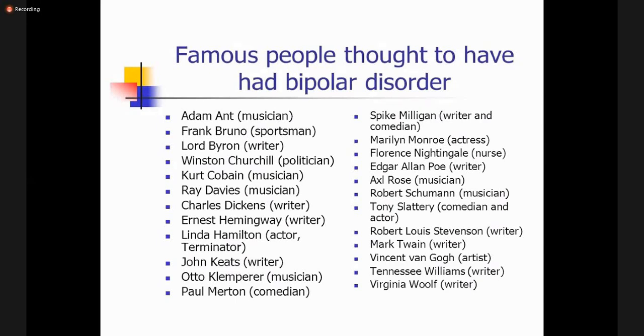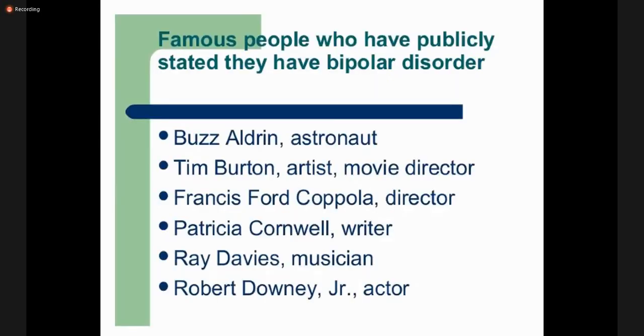If you look here, Vincent van Gogh, the artist, he had schizophrenia. You can see that most of them who have bipolar are very creative. They are movie directors, writers, musicians, artists.